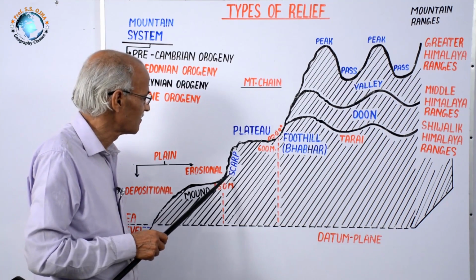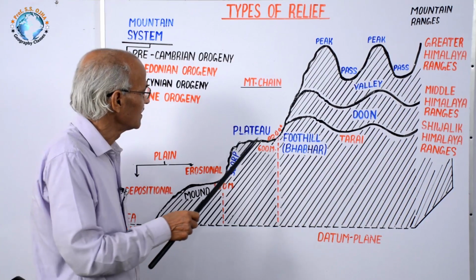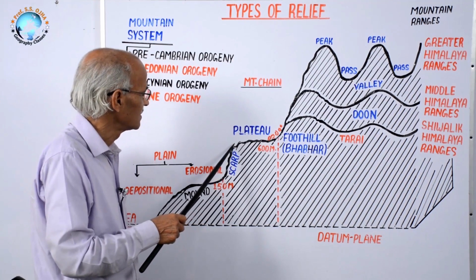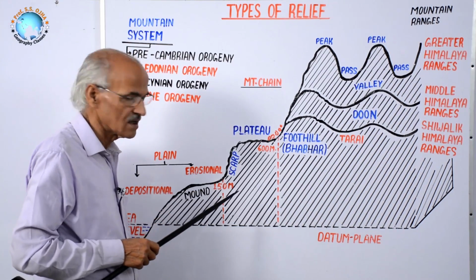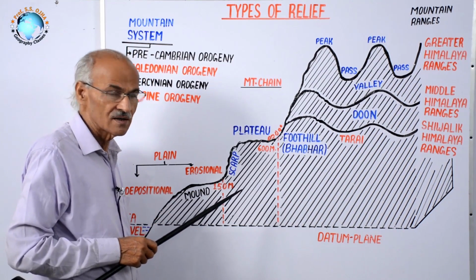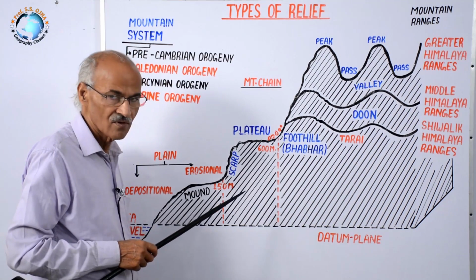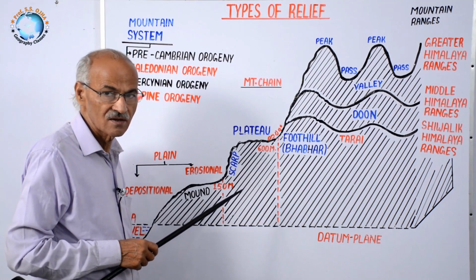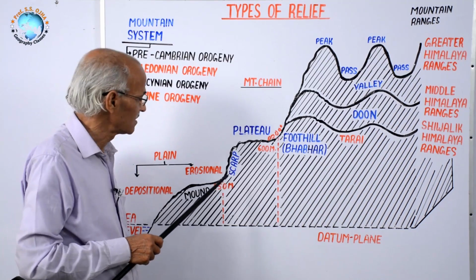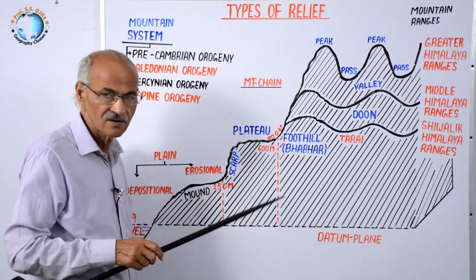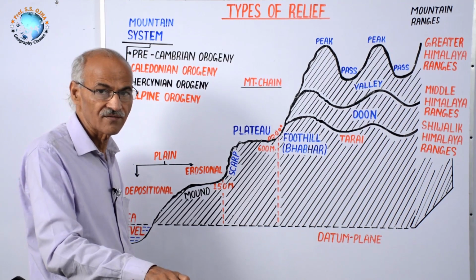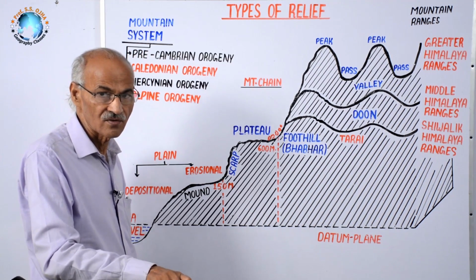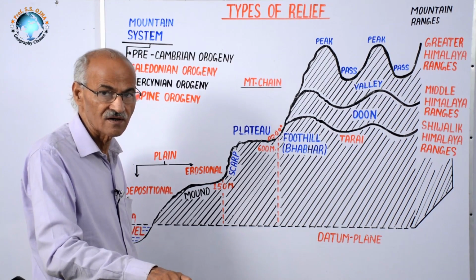Here is one term, scarp. If the plateau has a steep, vertical slope, this is called a scarp, and a small part is a scarp, while its long lineament is called an escarpment. A very good example in India, to the west of the Deccan Plateau, is the Western Ghat.